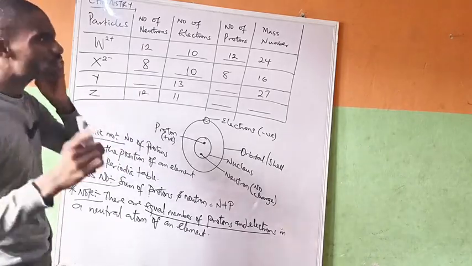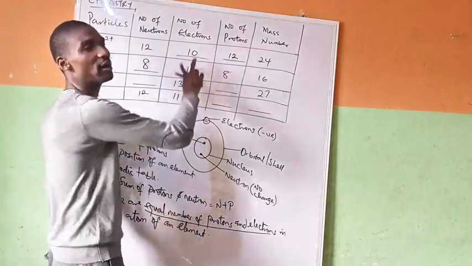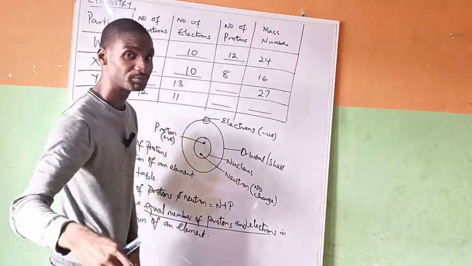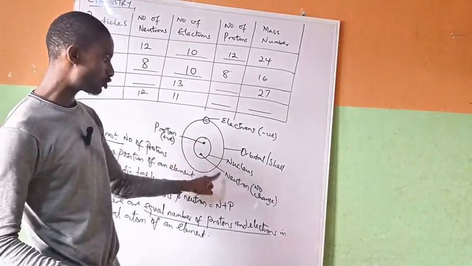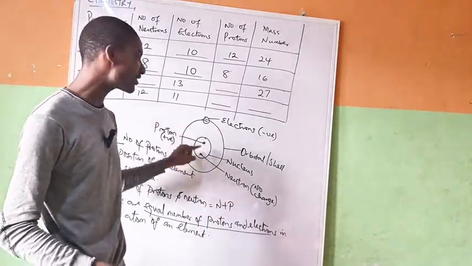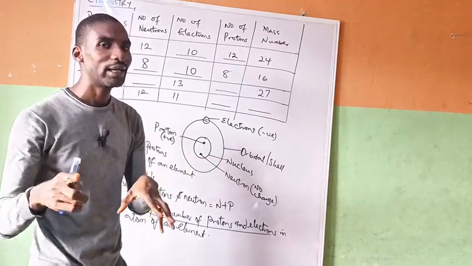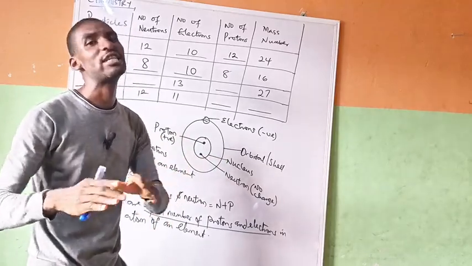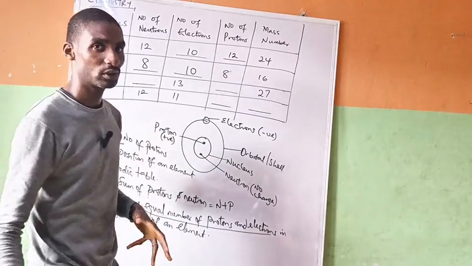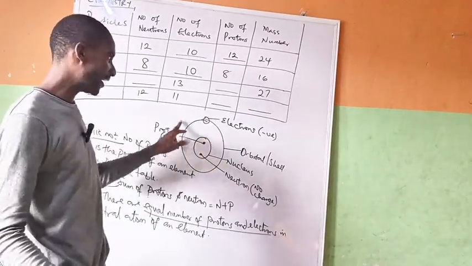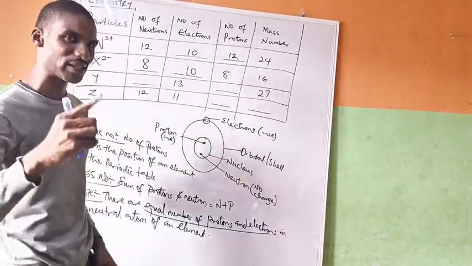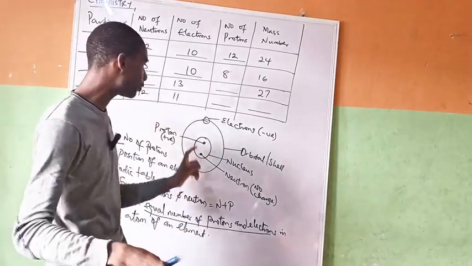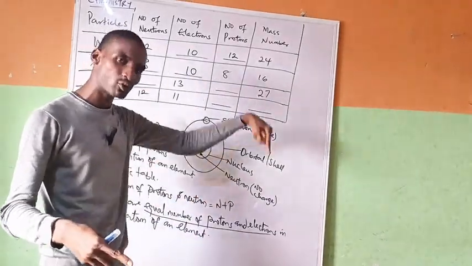All right. Now note also, it is only the number of electrons that can change. If you look at the structure I've drawn here, the protons and the neutrons are inside the nucleus, so nothing changes them, except maybe a radioactive or nuclear reaction. But for normal chemical reactions, it's only the electrons that take part, and not just electrons alone, the electrons in the outermost shell.